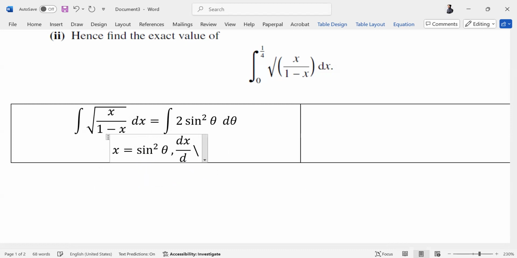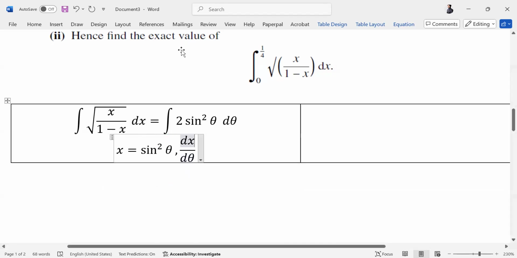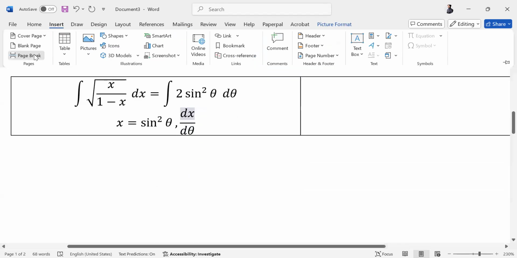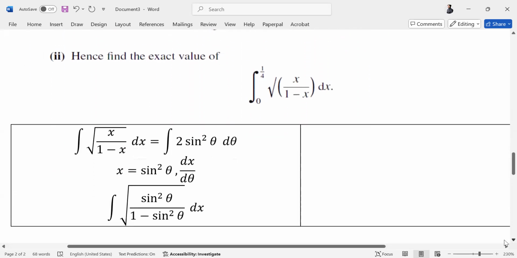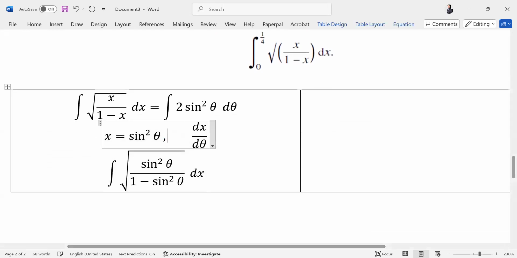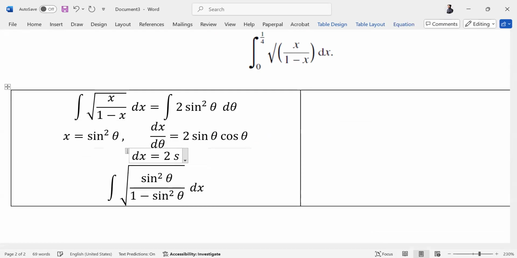What do you get when you differentiate this? dx by d theta. Isn't that right? क्या आया बताओ ना, इसको डिफरेंशिएट कर रहे हो तो what do you end up getting? 2 sine theta cos theta. Isn't that right? So what will dx be equal to? 2 sine theta cos theta d theta. Isn't that right?